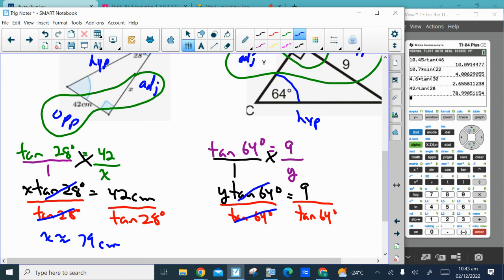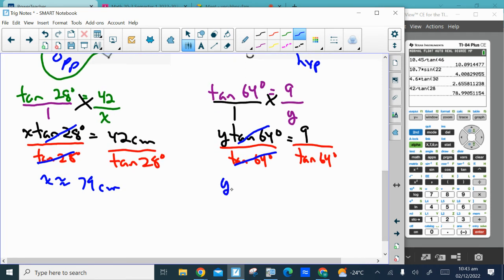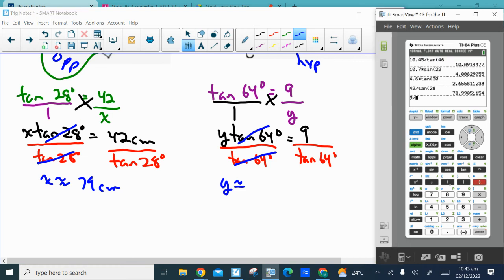So when you divide on the left the tan of 64 by itself, you'll get 1y or just y. And to find out the value of y, we need to go 9 divided by the tan of 64 degrees.